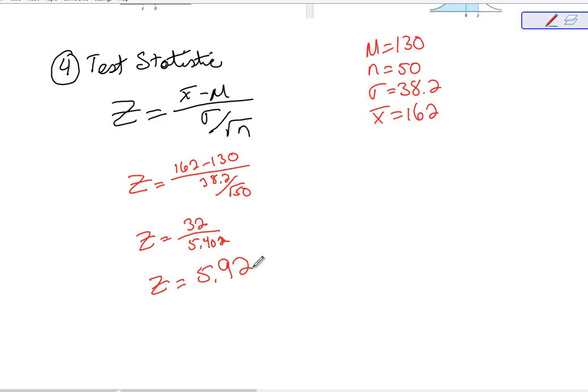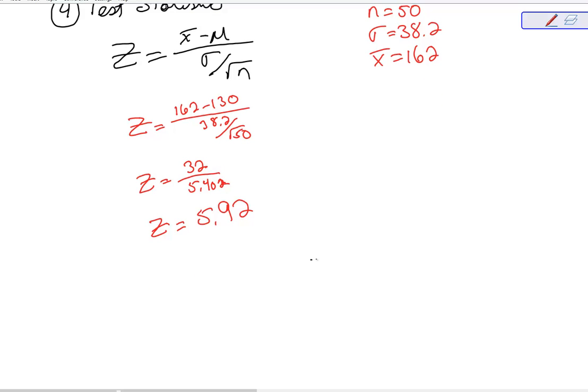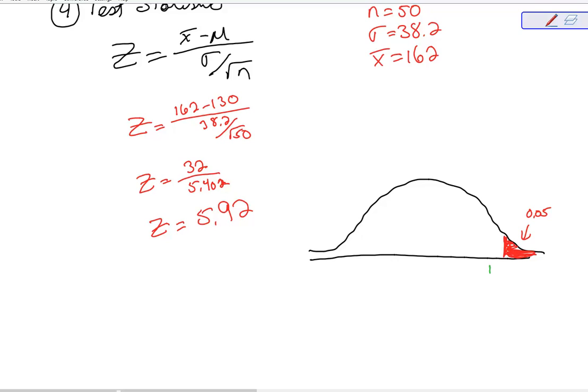Once we have computed the z value, we want to put that back on our normal distribution that we drew that had our critical value on it. So instead of scrolling back up, I'm just going to redraw down here. You can do it all on one. We had this area right here as 0.05, and we had a critical value of 1.64.